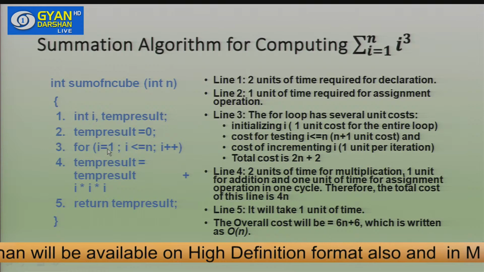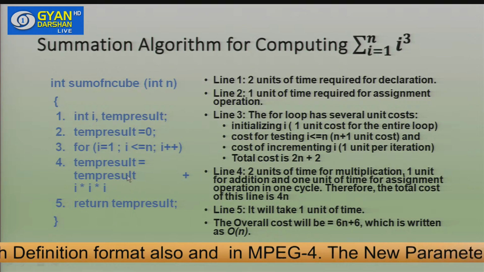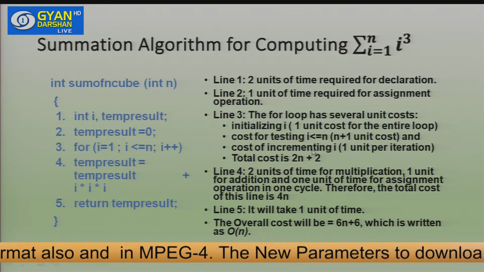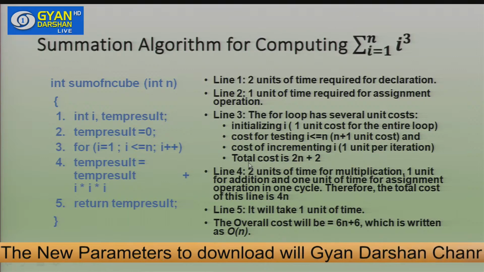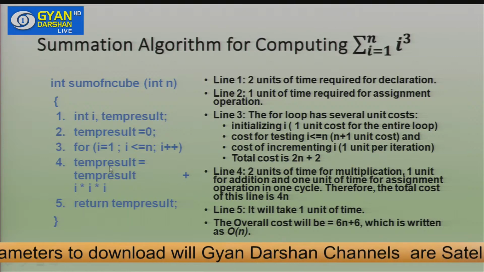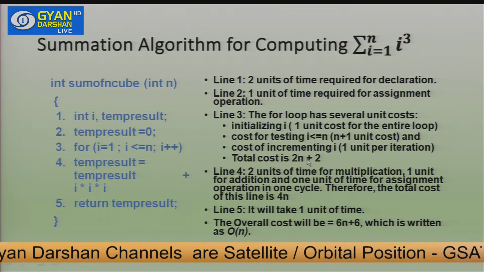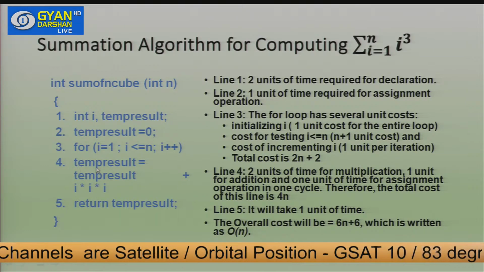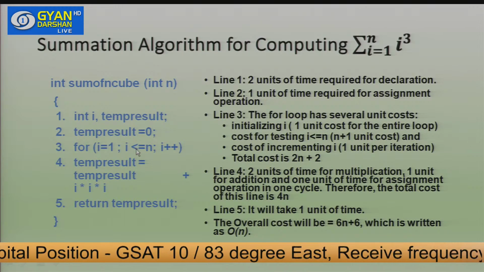Thereafter, the statement inside will be executed n times, so what would be the cost? This is line 4. The total cost of the previous for loop happens to be 2n plus 1, but line 4 is going to be executed n times.